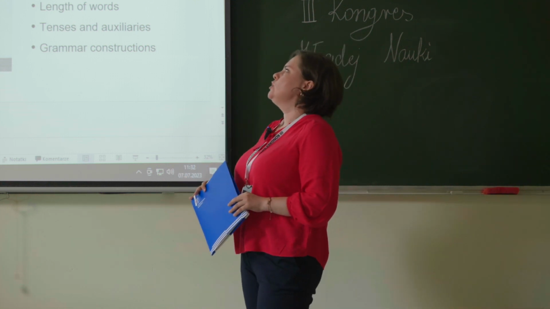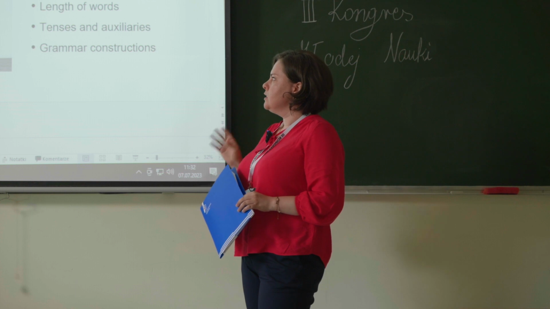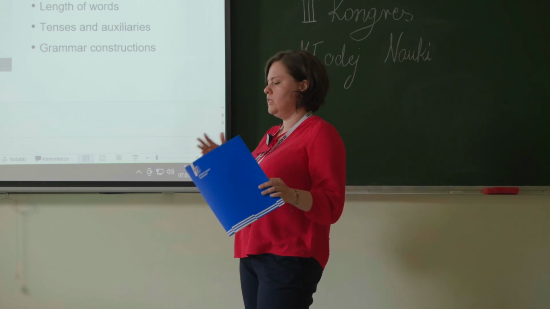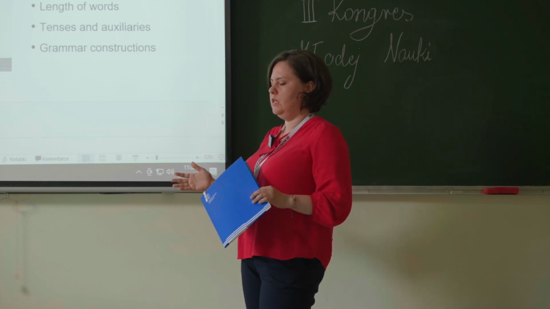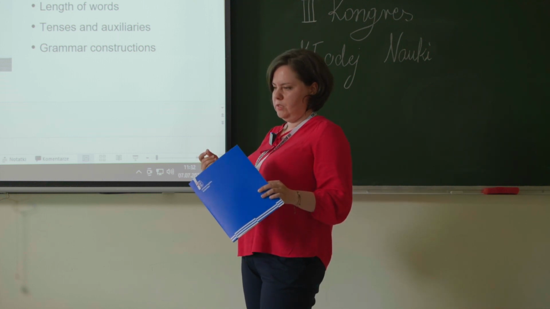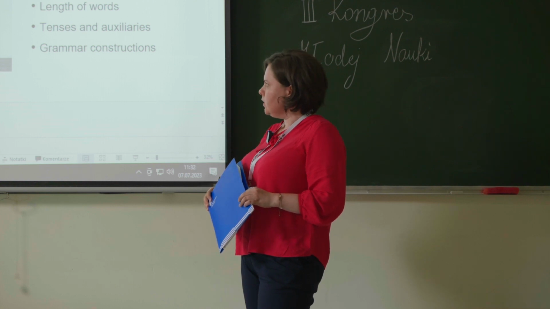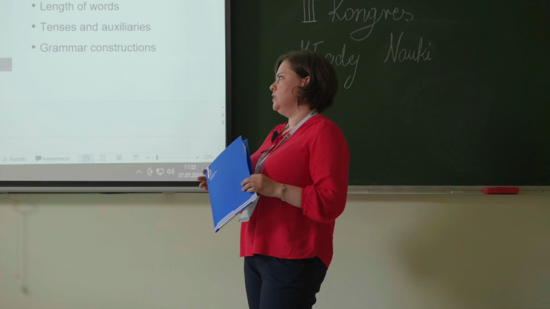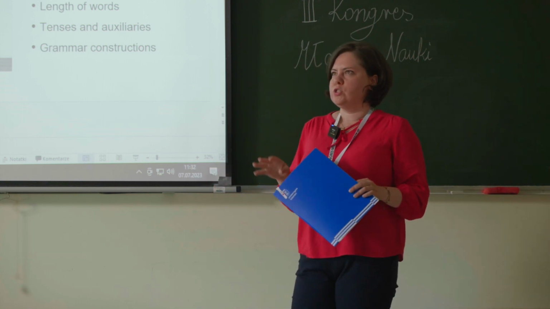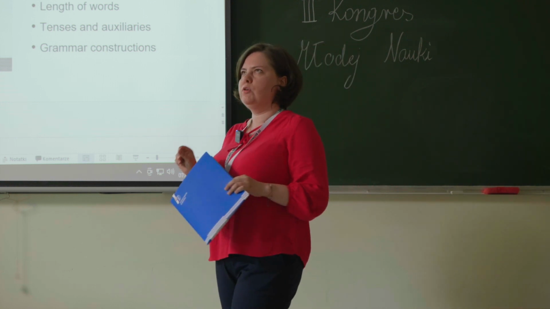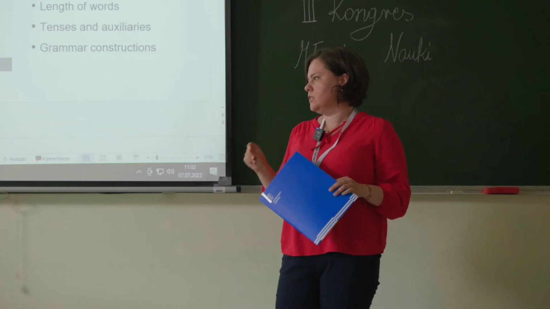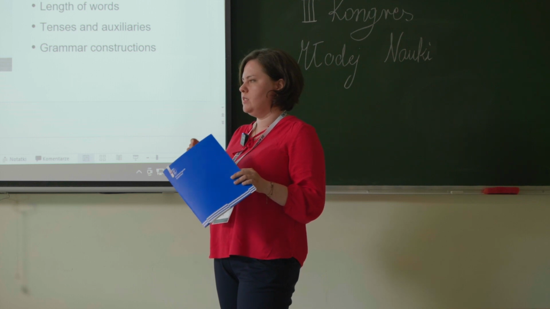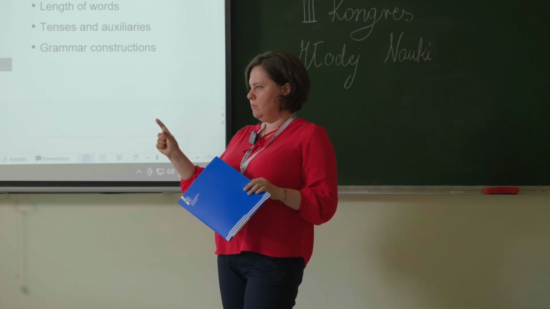Also, when we speak about the challenges of Ukrainian and English translations, of course, we need to mention the tenses. The systems of tenses in Ukrainian and in English are very different. For example, in English, many auxiliary verbs appear if you change the tense. Then grammar construction: in Ukrainian, it's very common to omit the subject, and this is the technique that was used by President Zelensky to shorten the messages.